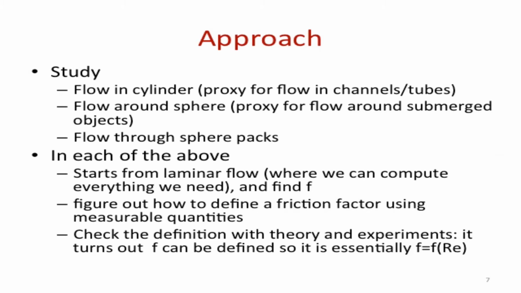So we will study flow in a cylinder, which is a proxy for flows in channels and tubes. Flow around a sphere, which is a proxy for any flow around submerged objects, and flow through sphere packs. Obviously, we want porous media, so we would like to look at something that is similar to a porous medium.